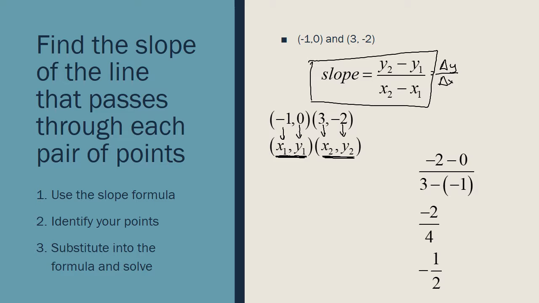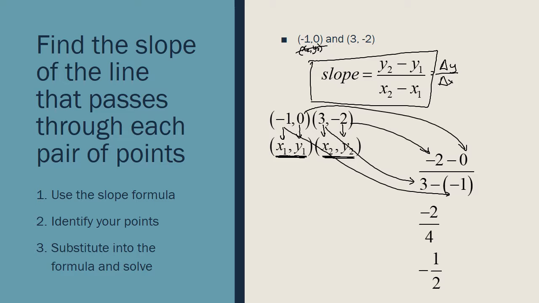If you had identified it the other way, you would write this as x2, y2 underneath, so that way you would know. Okay, I'm not doing that for this one. I then plug it into my equation. My y2 is -2, and I substituted it in. Next, minus my y1. My y1 is 0. I've substituted it in. x2 is 3, subtraction, and then my x1 is -1.